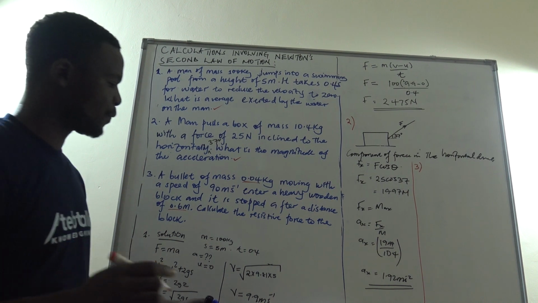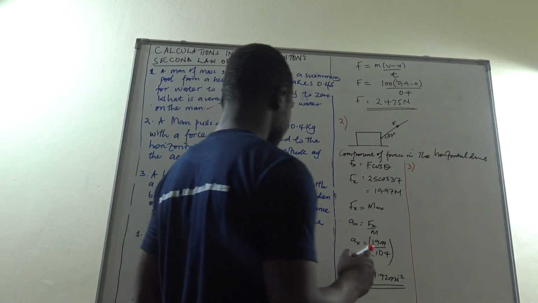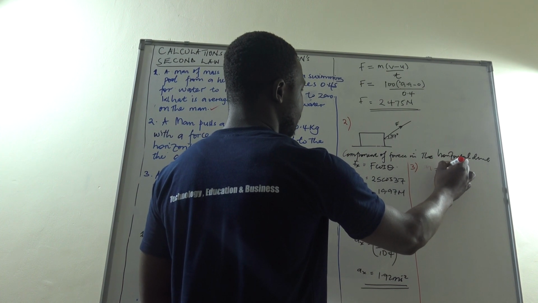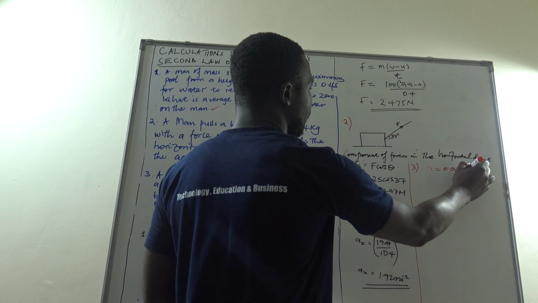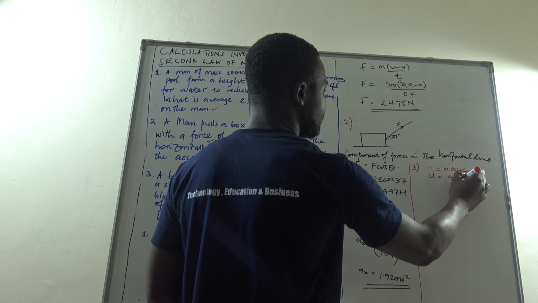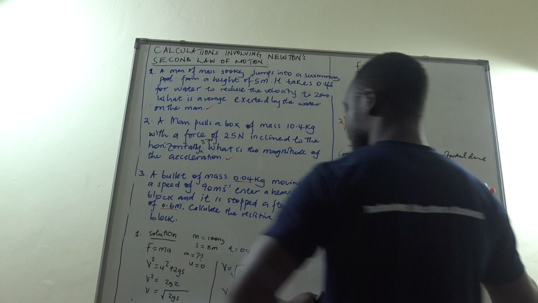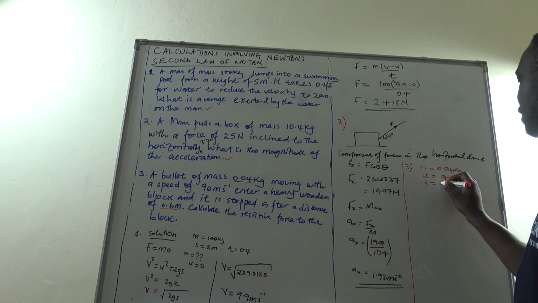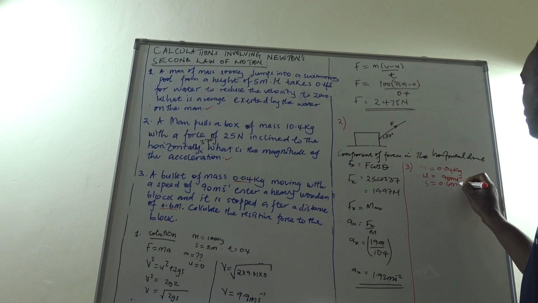Now, let us try to collect data here. The mass is 0.04 kilograms. The initial velocity of the bullet is 90 meters per second, and it moves the distance s, which is equal to 0.6 meters.